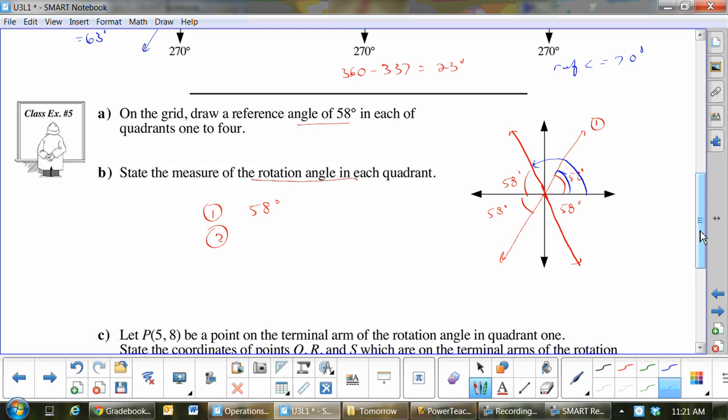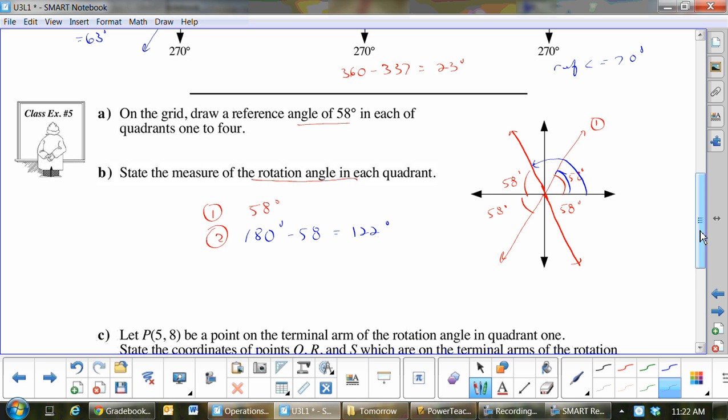Yep. See, if you go 180, minus 58, see how that brings us back? So if you go 180, because 180 is all the way, minus 58, you get 122 degrees. And you'll learn that in quadrant 2, if you take 180 minus the reference, it always equals the rotation.